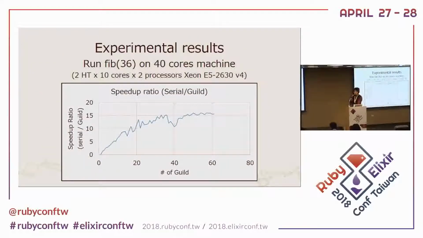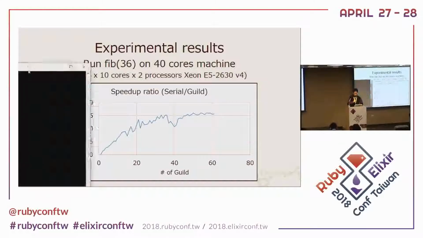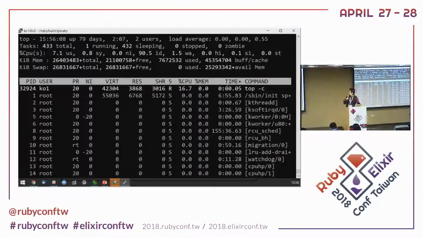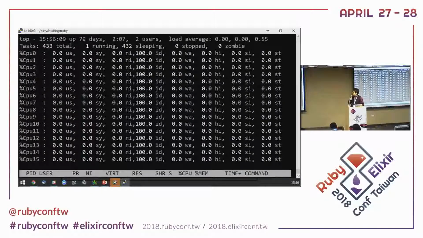So, checking the performance. We used a 40-core machine to evaluate. There are 14 cores in use; we can see it in the top command.